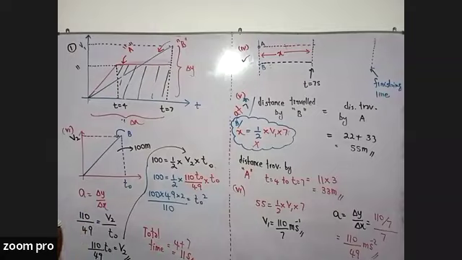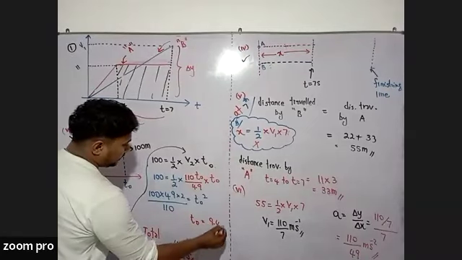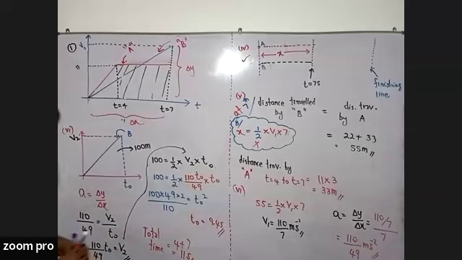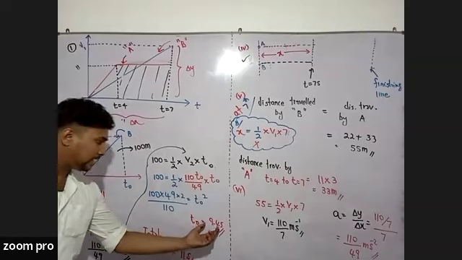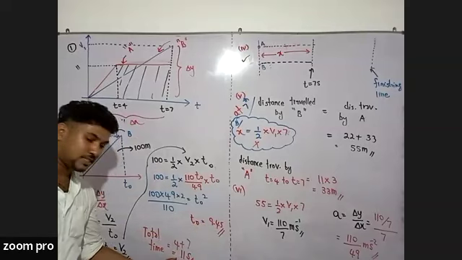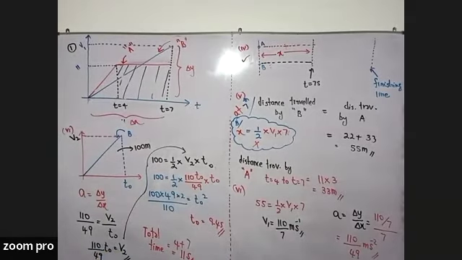If you calculate it further, we can obtain T naught as 9.4 seconds. So this is the time taken by B to complete the race, and this is the time taken by A to complete this race.